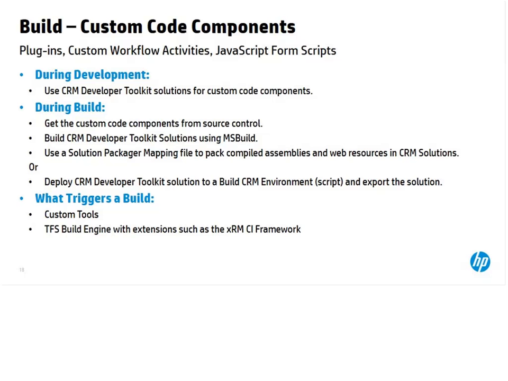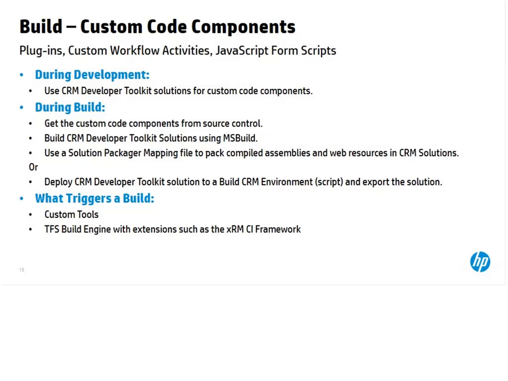So during build, you can use that feature. It's documented in the solution packager reference. So now, with your custom components, you don't have to check the source code into TFS one time and then unpack and check them in a second time. You can do this only once and just get the real source when you do a build.